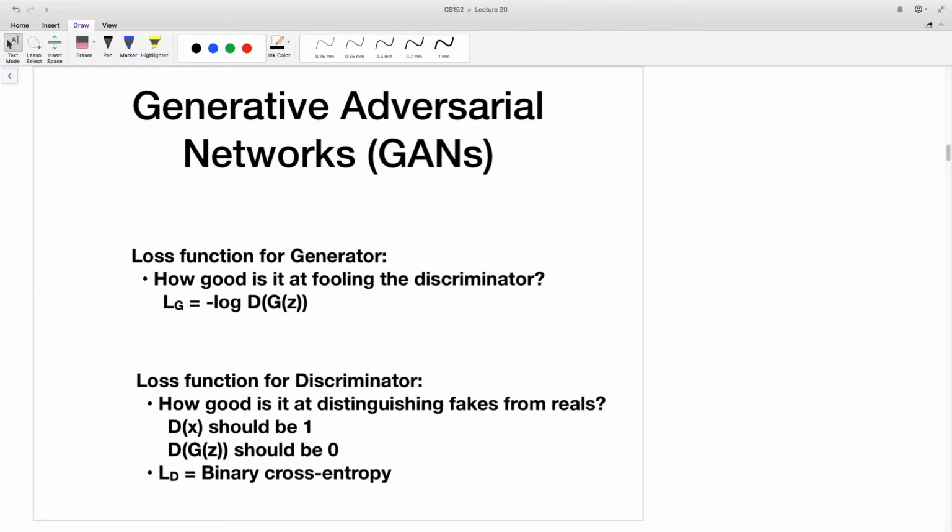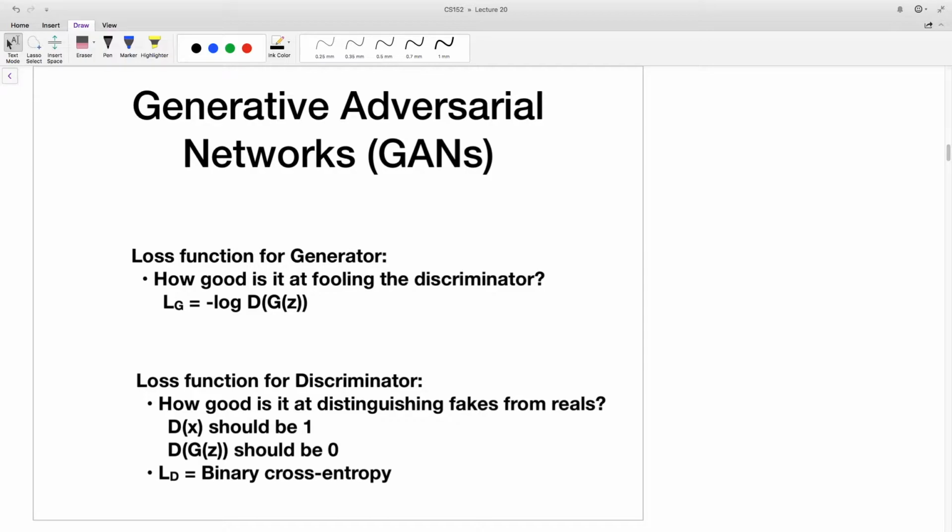So the loss function for the generator is going to be how good is it at fooling the discriminator. We'll generate some random z, run that through the generator network, generate a fake thing, ask the discriminator whether it thinks it's fake or not, and we'll get judged at how well we fool the discriminator.